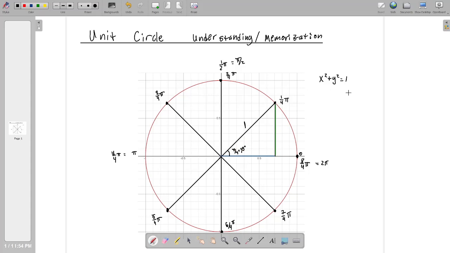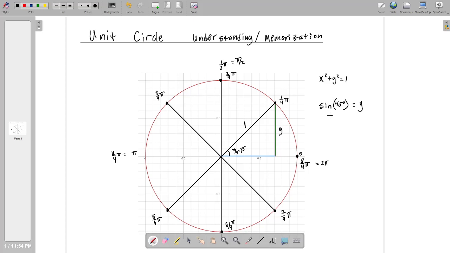And if you remember, that's going to be sine. Let me call this side y because it's our vertical distance. So sine of this angle, 45 degrees, or pi over 4, same thing, is going to equal opposite over hypotenuse, y divided by 1, or just y, because y divided by 1 is just y.